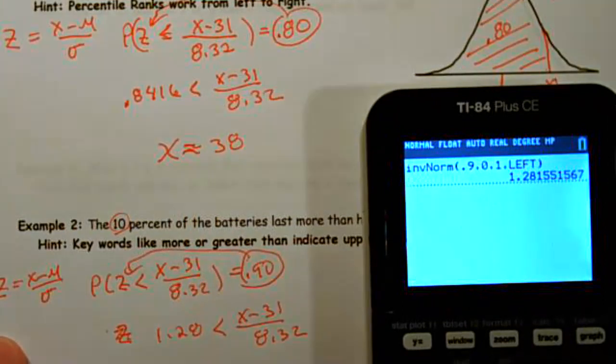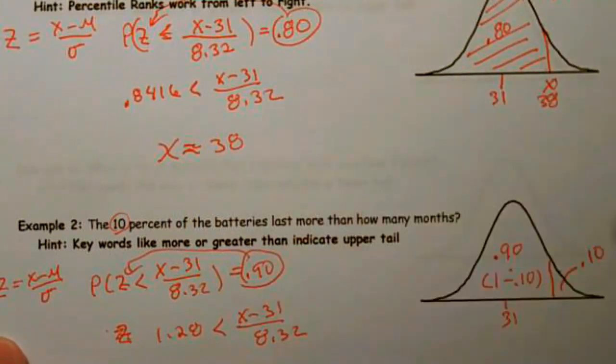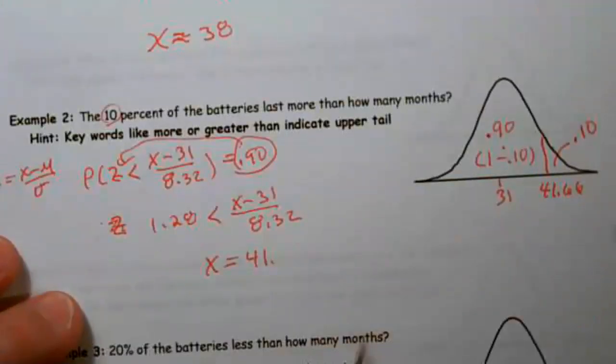So times 8.32 plus the 31, and I get about 41.66. So in this case, this x is 41.66. Guess I should scoot that up.